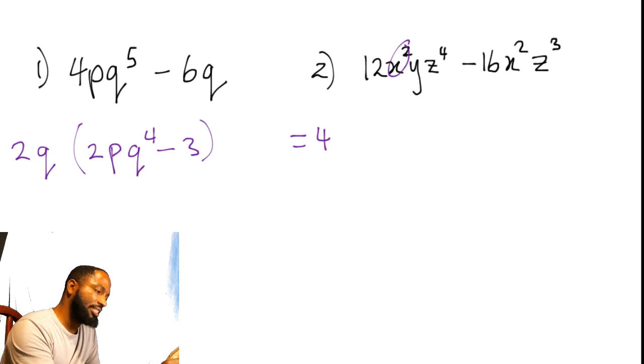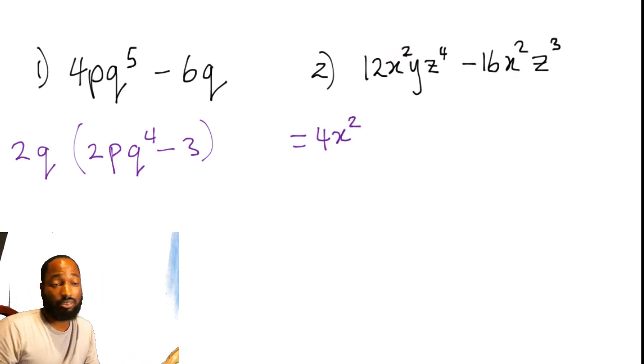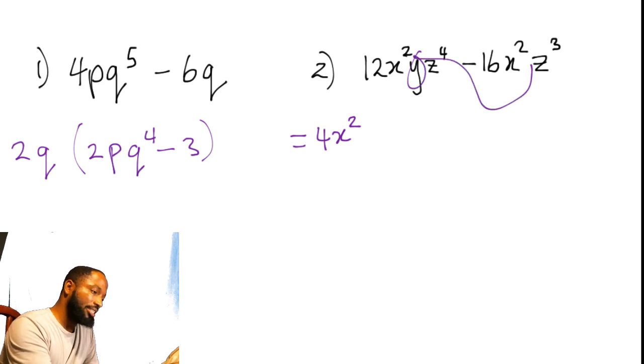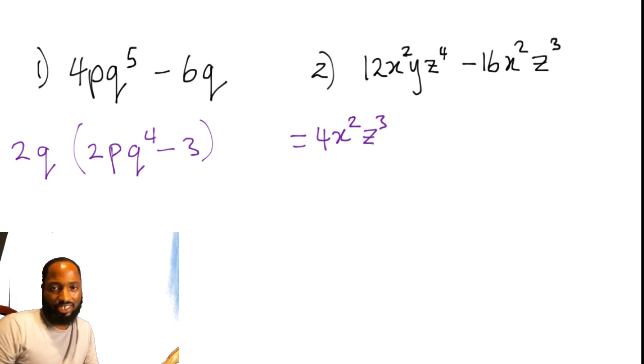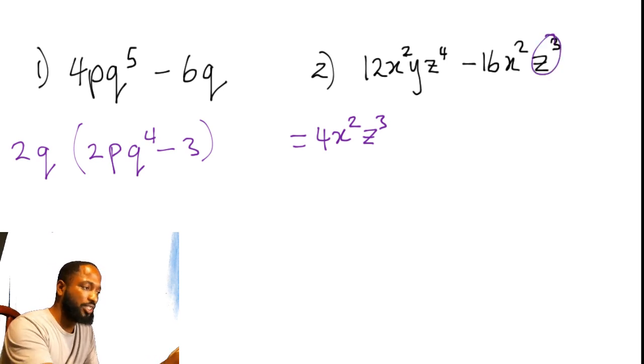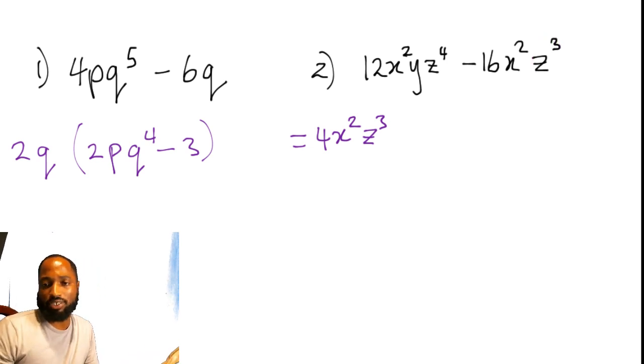Then we check the x's. I'm seeing an x squared here and an x squared there. Brilliant. So we can take out the whole x squared. I'm seeing a y here. This side has no y, so I have to leave y alone. I'm seeing z to the power of 4 here and z to the power of 3, so z to the power of 3 can come out. Not z to the power of 4, because this side doesn't have 4 z's.